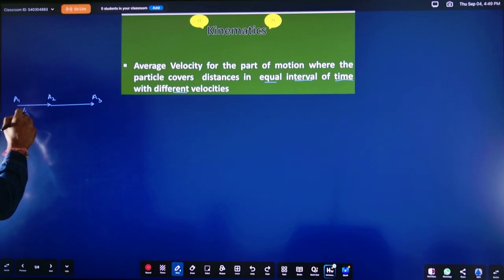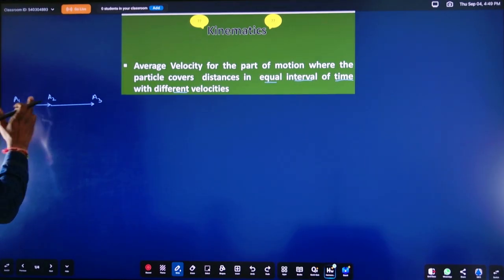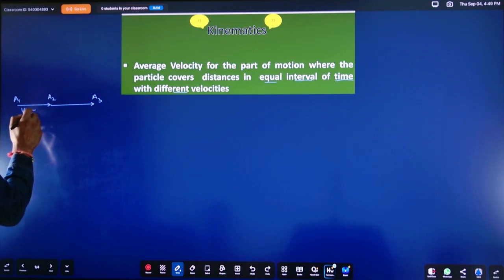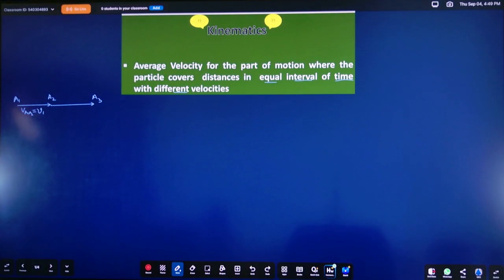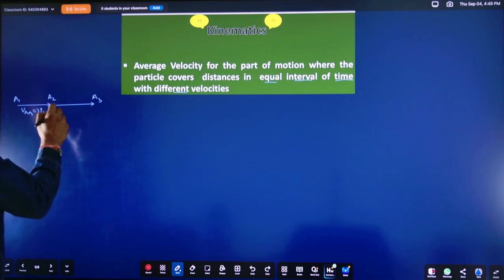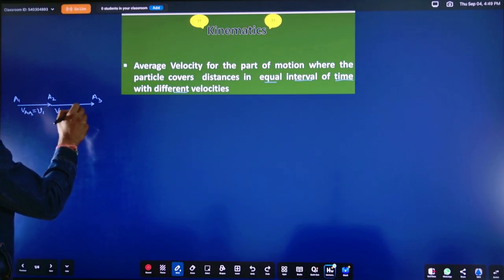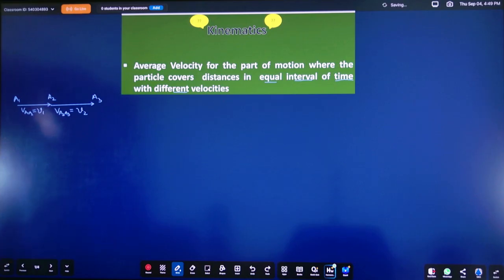V A1 A2 means velocity in going from A1 to A2, its speed is V1. Velocity between A2 A3 is V2.